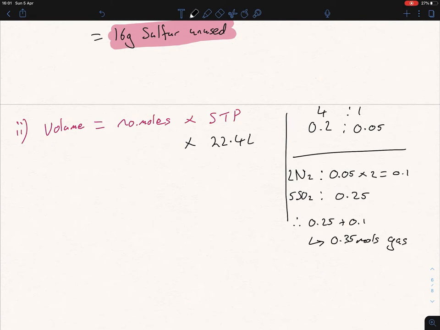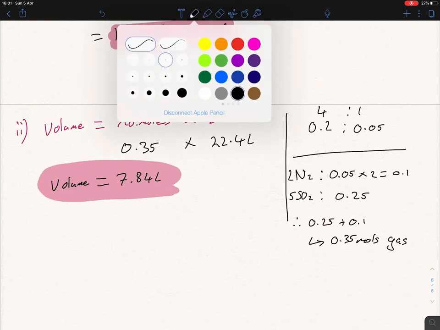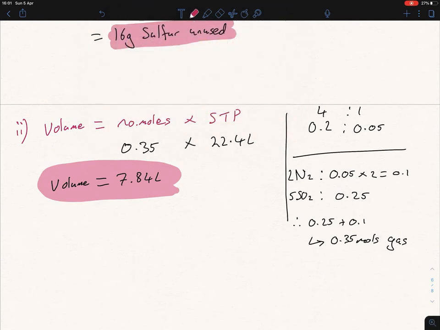So we pop that over here, 0.35, multiply that by 22.4, and you only get 7.84 litres for the volume. Highlight it. Okay, we have part 2 done. Let's move on to part 3.